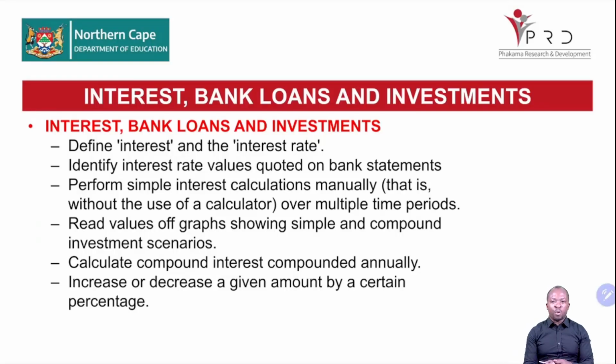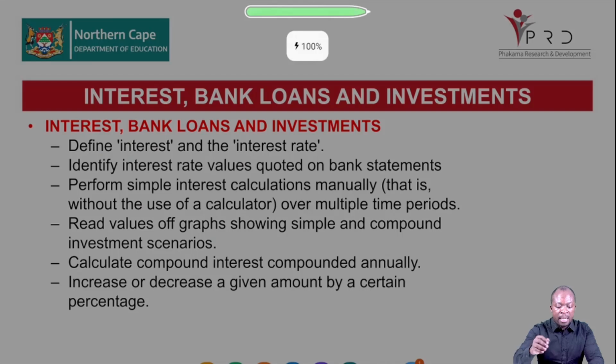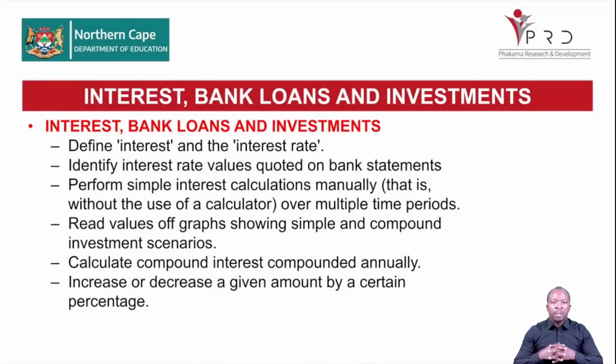How about the next topic then? Let's now look at interest, banking, and loans. Some of the questions they will be asking us is to define interest and interest rate. You should know the difference between the two.